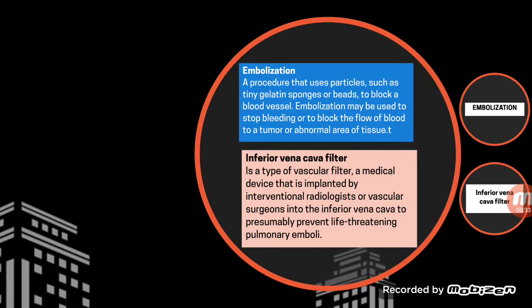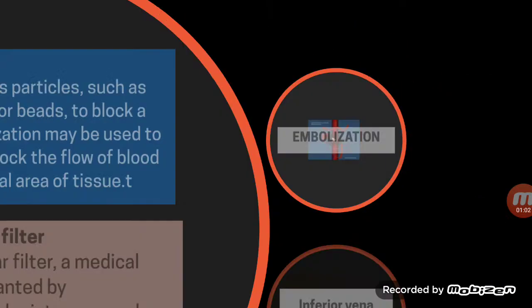Inferior vena cava filters are a type of vascular filter, medical devices implanted by interventional radiologists or vascular surgeons into the inferior vena cava to prevent life-threatening pulmonary embolism.